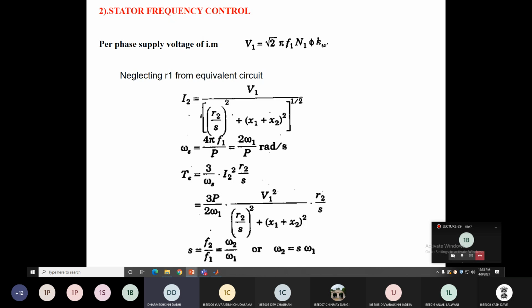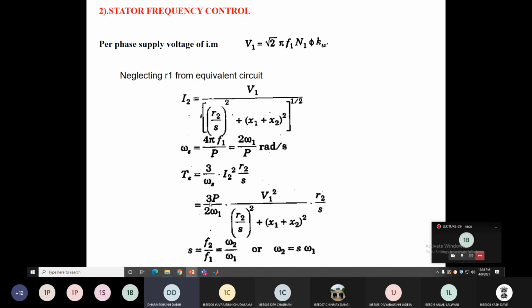As we know, the equation of slip is equal to f2 by f1, where f2 is the rotor frequency and f1 is the stator frequency. So you can replace the slip s in this equation of torque by omega 2 divided by omega 1.